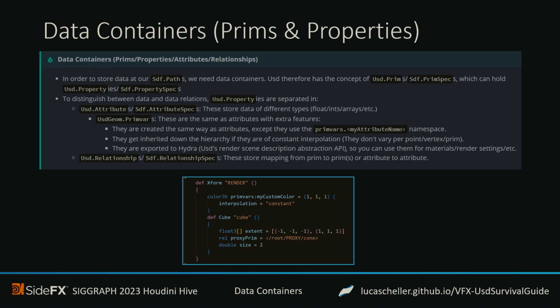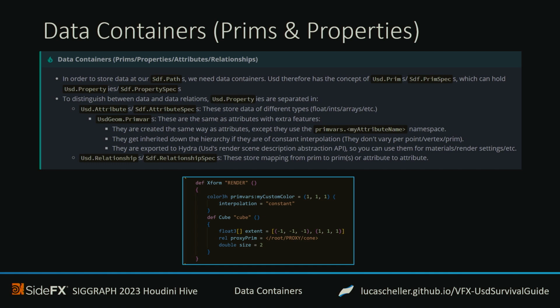There are also special attributes called primvars. These get exported to your renderer, so anything you want to see on the renderer side, you have to prefix with primvars, colon, and then the name. It's the same as in Houdini with detail attributes, remember mantra-related workflows: as soon as you have Houdini-level detail attributes, they get exported to your geo.